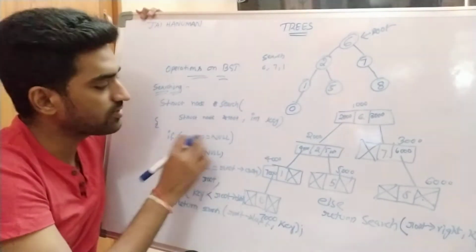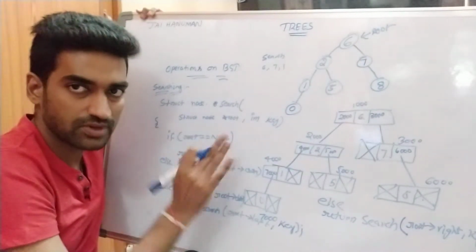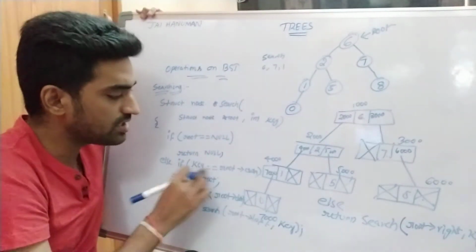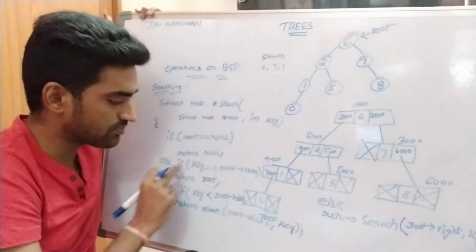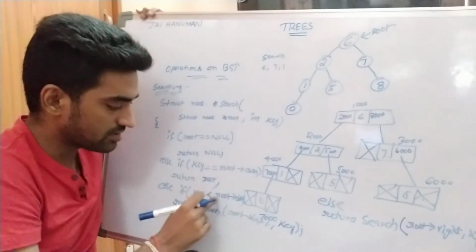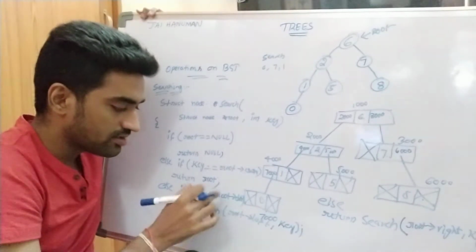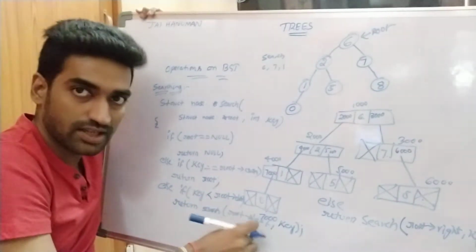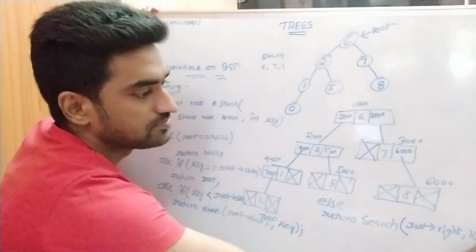First, if root is null, return null, so the tree is empty and we do not perform the searching operation. If key is equal to root data, then the key element is the root, so we return root. Else if the searching key is less than root data, we call the left subtree, root of left. Otherwise we call the root of right.